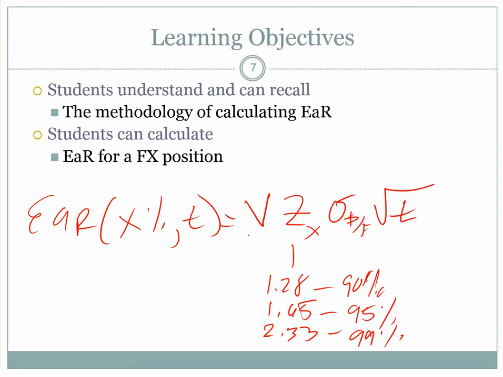Also note that V, we're going to usually use the absolute value, so it doesn't matter whether it is a receivable or a payable. We'll just put in the 80 million euro, whether it's a receivable or a payable, because usually EaRs are quoted as a positive number, so we usually take the absolute value of it. It's just the interpretation that is different.